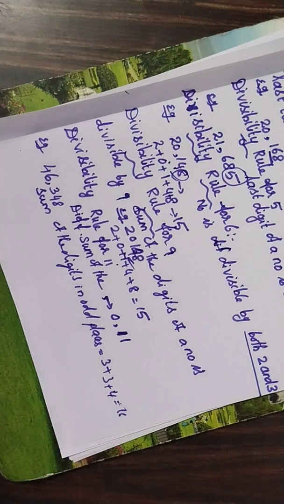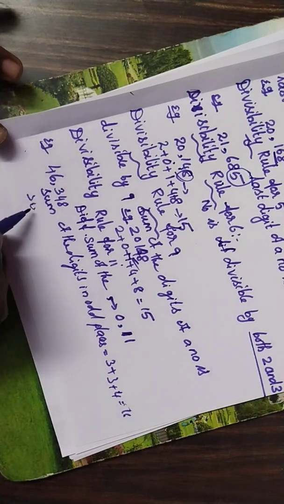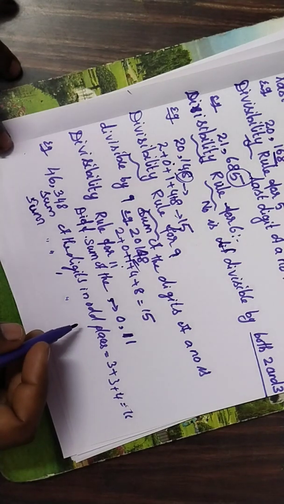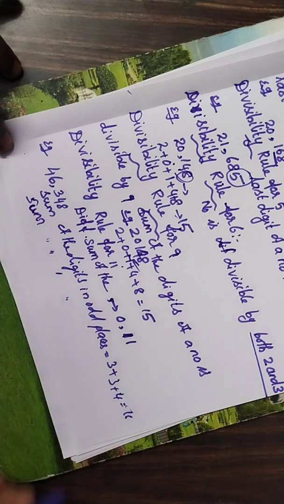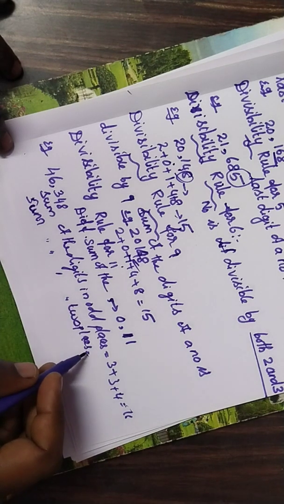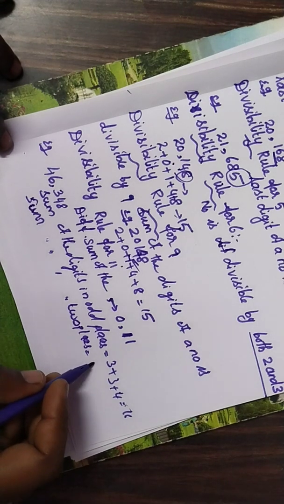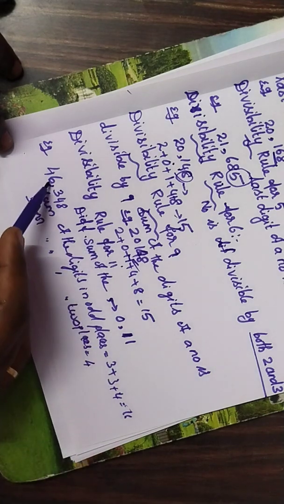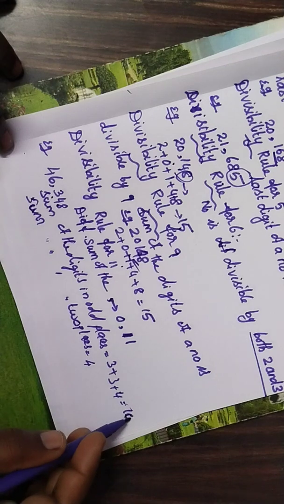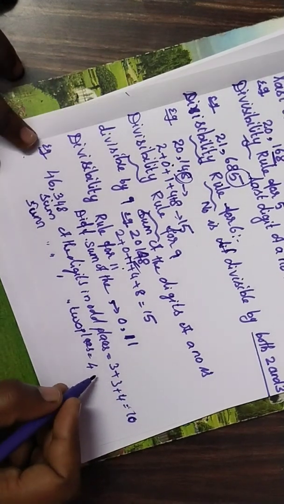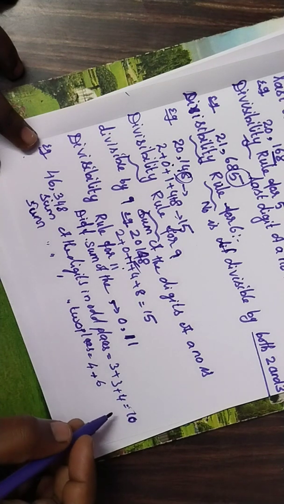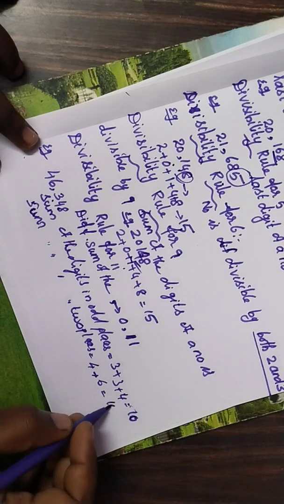Then next, the sum of the digits in even places: 1 plus 6 is equal to 7.